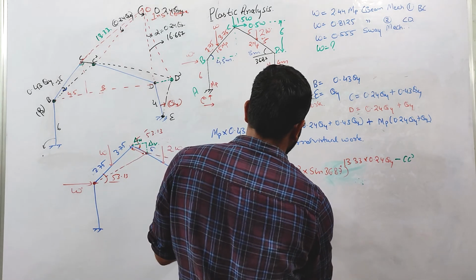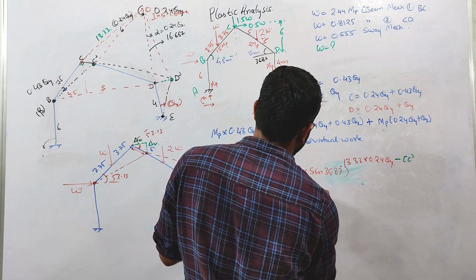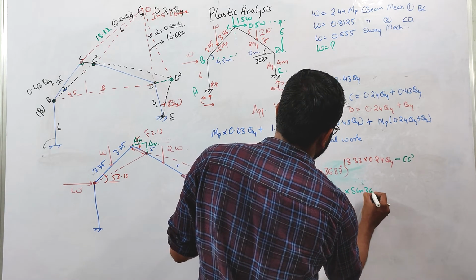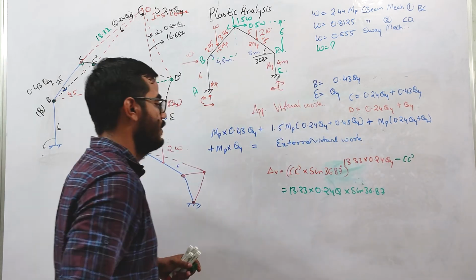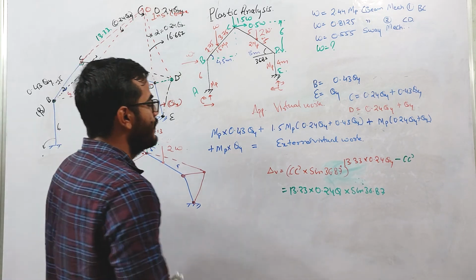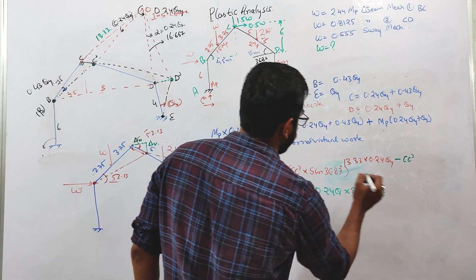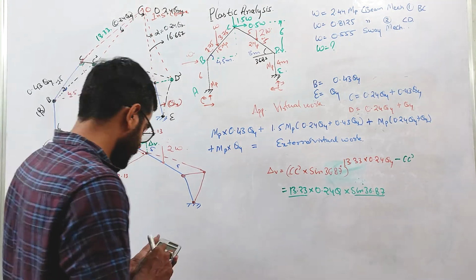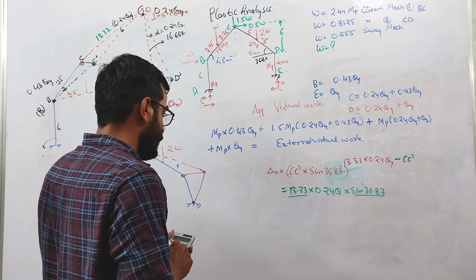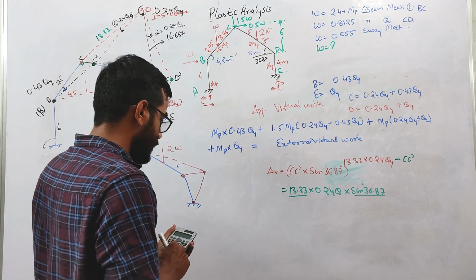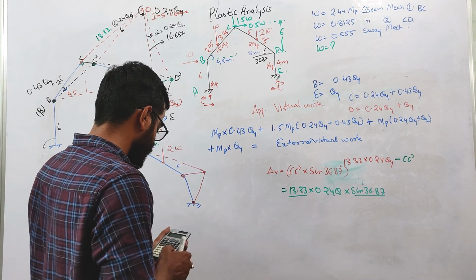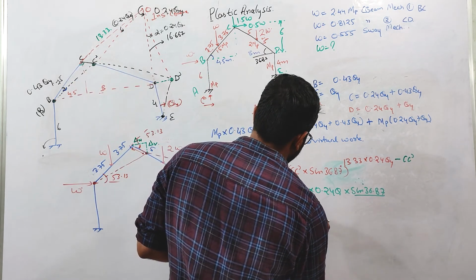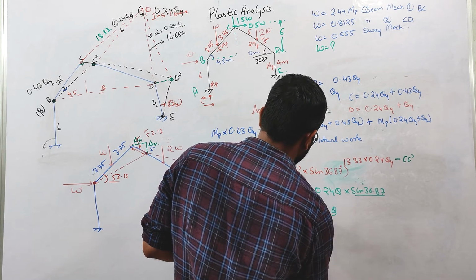CC dash is basically 13.33 into 0.24 theta into sine 36.87, right? So if you multiply these two terms, 13.33 into sine 36.87, this will be equals to 8 into 0.24 theta.